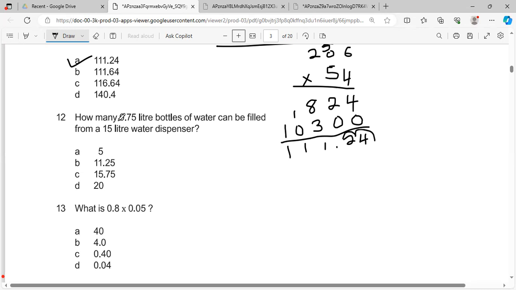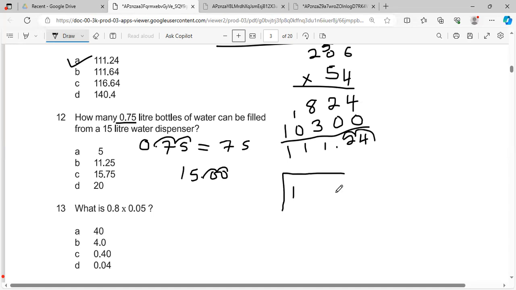Basically, we just want to say we're going to convert this to a whole number, right? So let's say we have 0.75. And so we have to divide, but we know we can't divide by a decimal, so we move 2 places. So this now becomes 75. But with the 15, we have to move the decimal place 2 places also. So this becomes 1500. So now we'll have 1500 divided by 75.